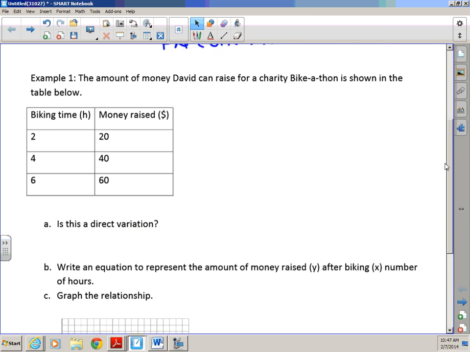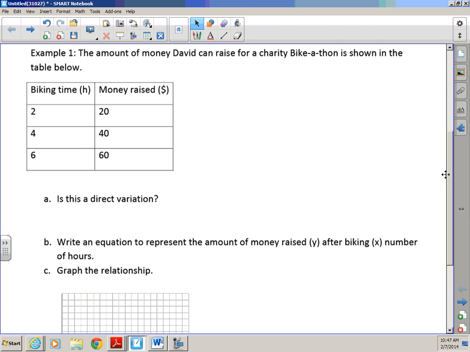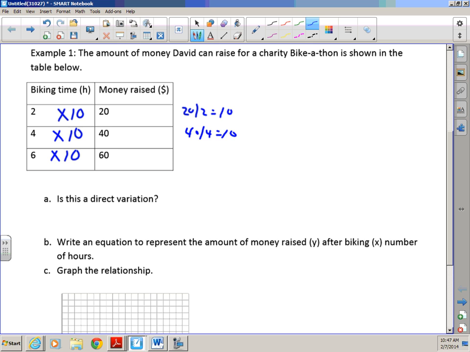All right, first is the amount of money David could raise for a charity bike-a-thon. Now, is this a direct variation? Well, the way you would look at it is, if I can multiply my independent variable, biking time, by a constant value and always get my dependent variable, then it is a direct variation, because the ratio of each of these, 20 to 2, 40 to 4, 60 to 6, are a constant.